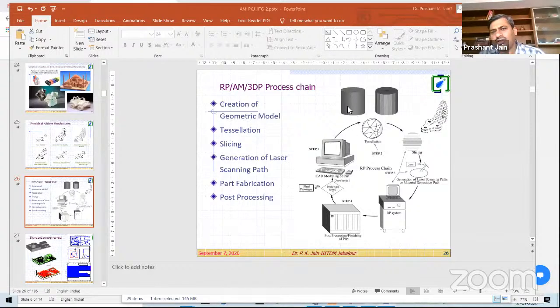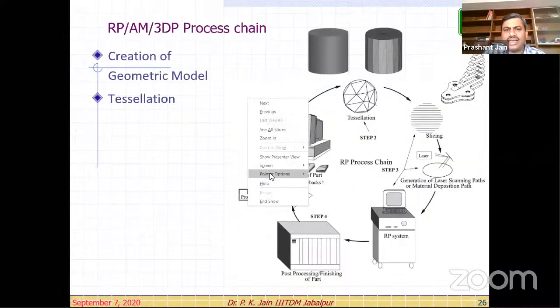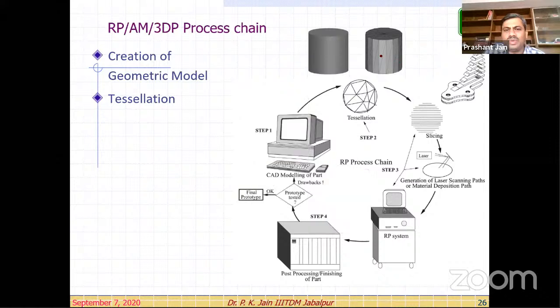Right? So you see here, it's a complete smooth cylinder. And in the second case, it is converted into a polygon. So we call it a tessellated model, right? The tessellation has been formed on this, right?